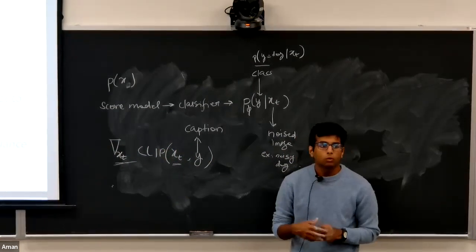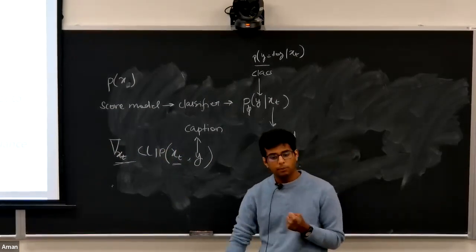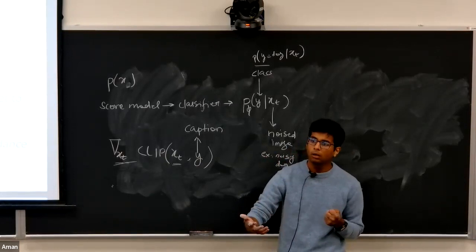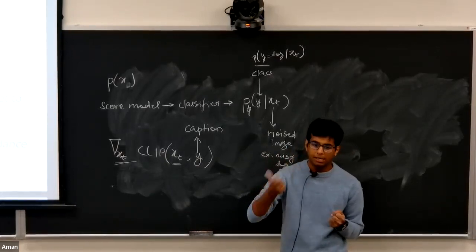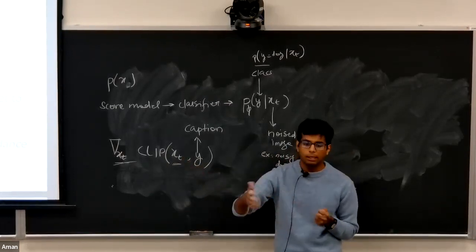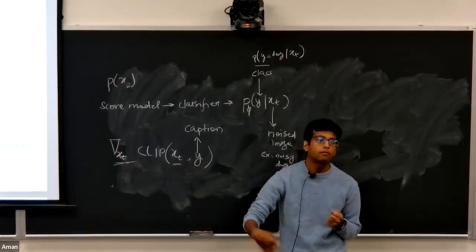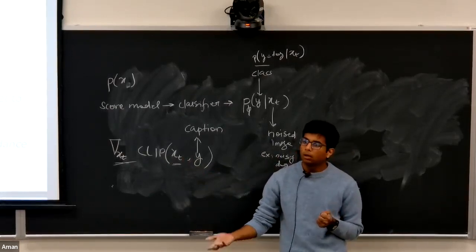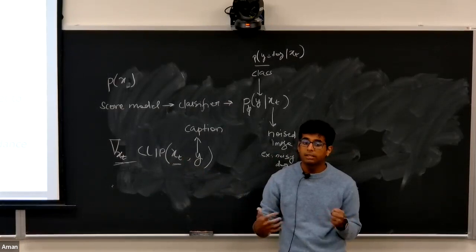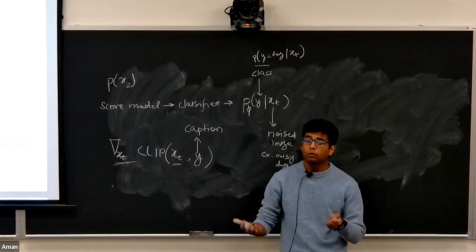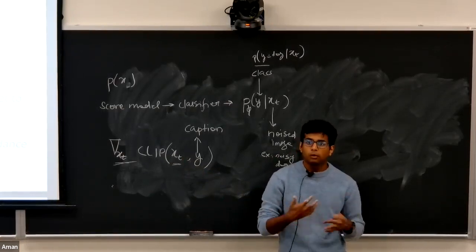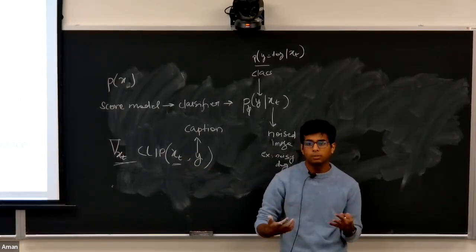Make sense? So now, in addition to being able to condition the model on classes, you can now condition it directly on text, right? Without having to train a conditional model from scratch. And this saves a lot of data, because when you're training your diffusion model, you don't have to have a caption with every image.